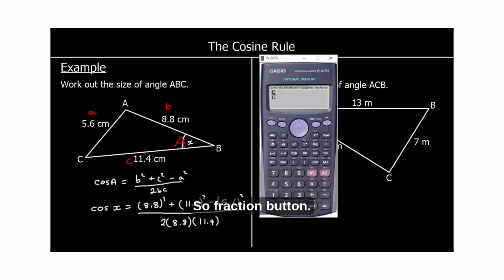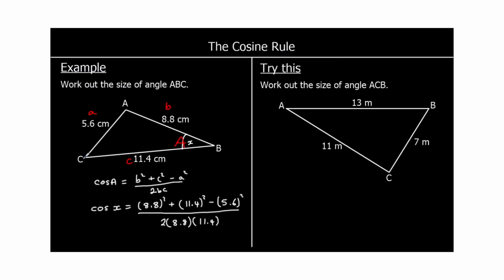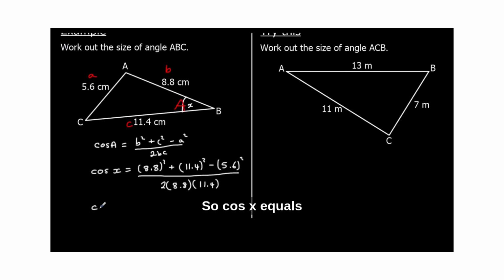Fraction button, 8.8 squared plus 11.4 squared minus 5.6 squared over 2 times 8.8 times 11.4. So that's come out as 0.877 and so on. So cos x equals 0.877 and so on.